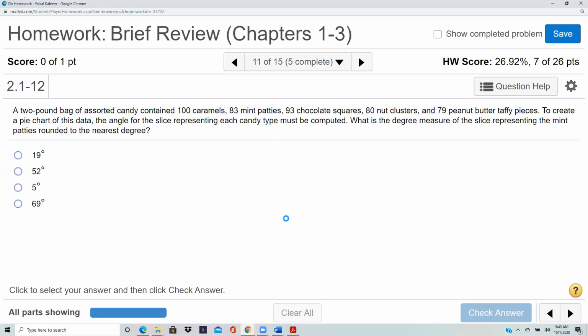We have to find the degree measure. So we want the degree for the mint.